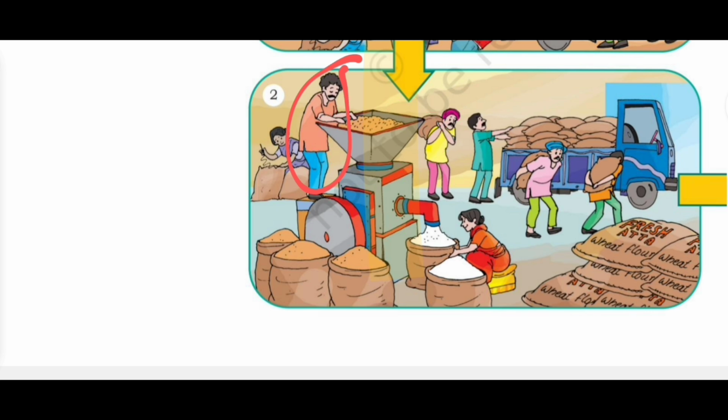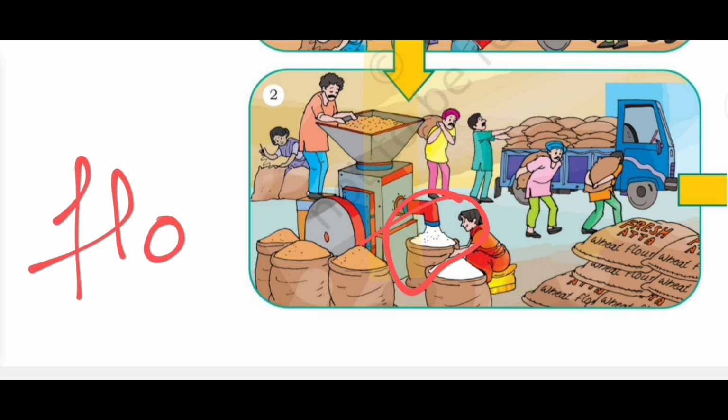And then from the machine, what is coming out? What is this white thing over here? This is wheat flour. F-L-O-U-R, flour. You should say flour, wheat flour. In Hindi it is atta, गेहूं का आटा, with which you make chapatis and puris. So this is wheat flour.